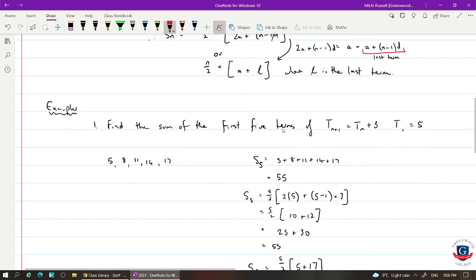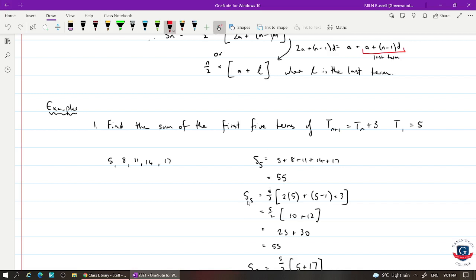Find the sum of the first 5 terms of this arithmetic sequence. The common difference is 3. The first term is 5, so the terms are 5, 8, 11, 14, 17. It's not hard to get the sequence and add them up, and we get 55. We could have done that before all this new stuff.